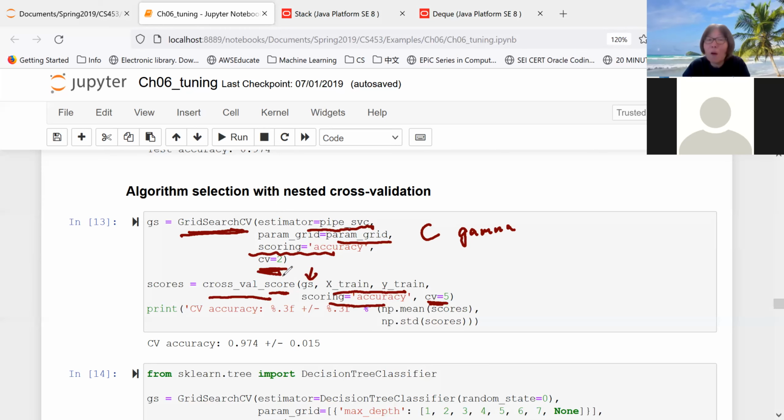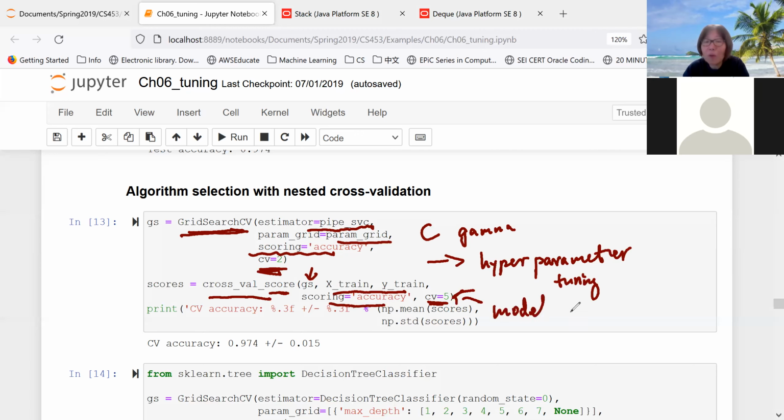So this part is for hyperparameter tuning, and this part is just model parameter optimization, like weights.